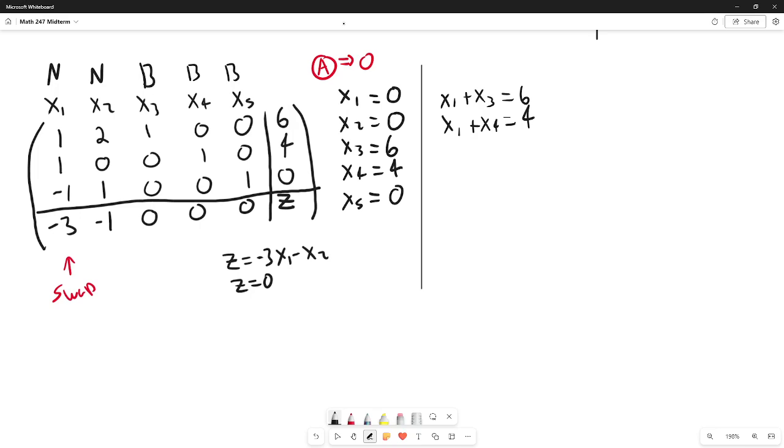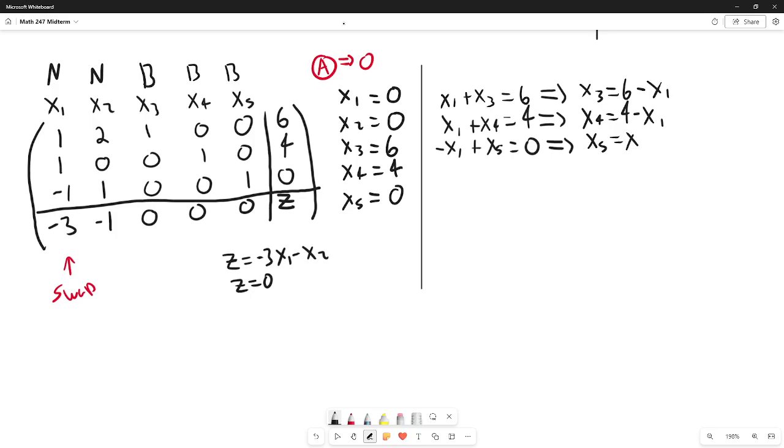Then we have negative x1 plus x5 is equal to 0. So x3 is equal to 6 minus x1. x4 is equal to 4 minus x1. And x5 is equal to 0 plus x1, so that is just x1.